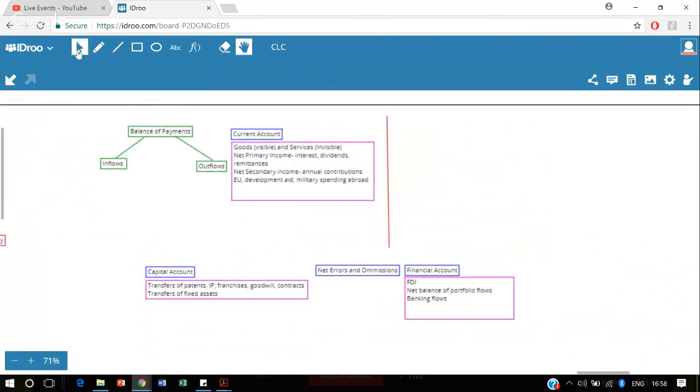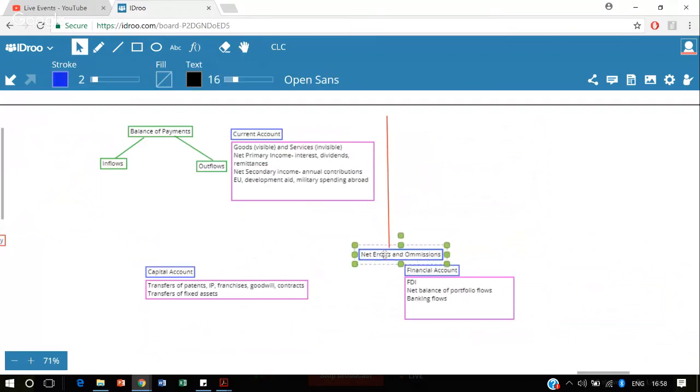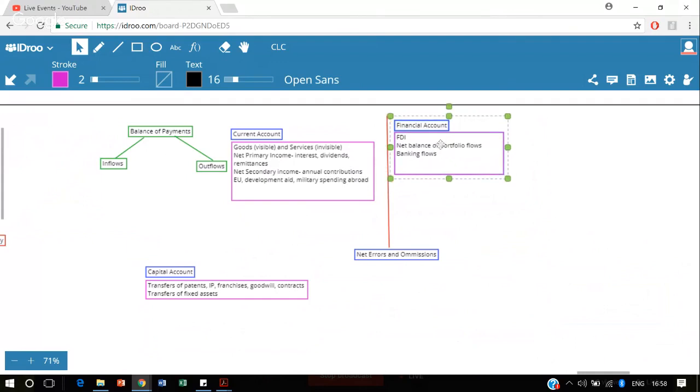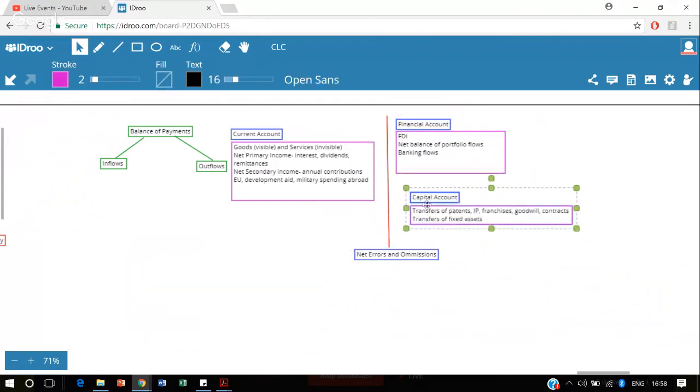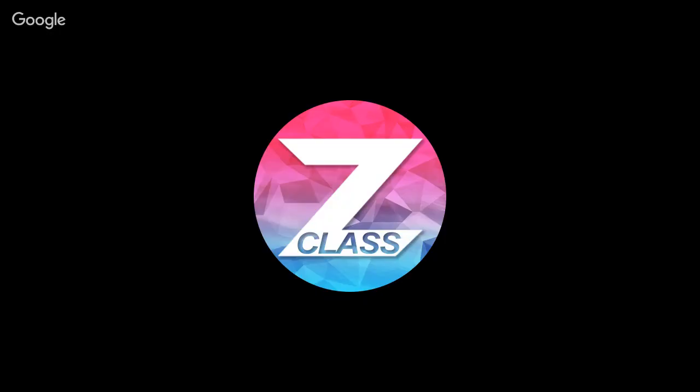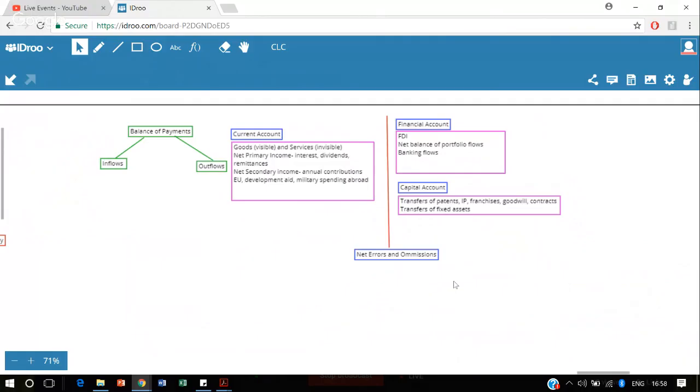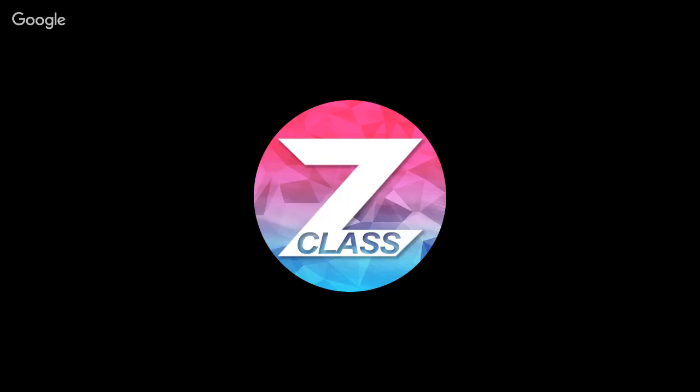Net errors and omissions just helps it balance towards the end. We put the financial account on this side, and we also put the capital account on this side. Okay? And then we can add them all up and subtract.